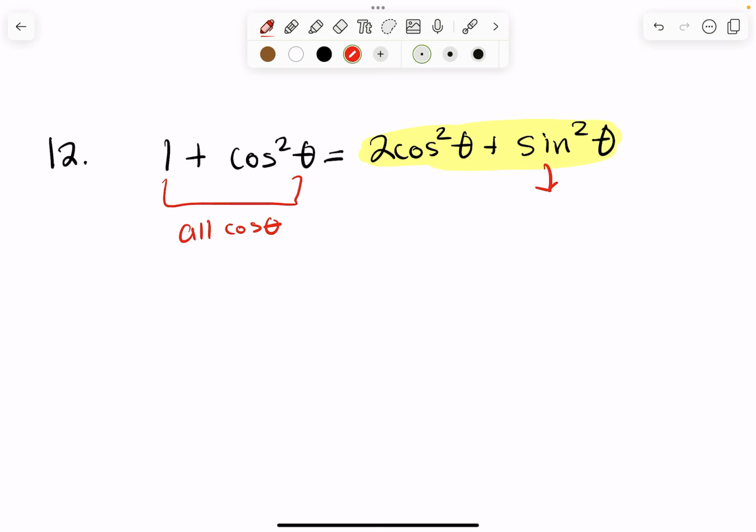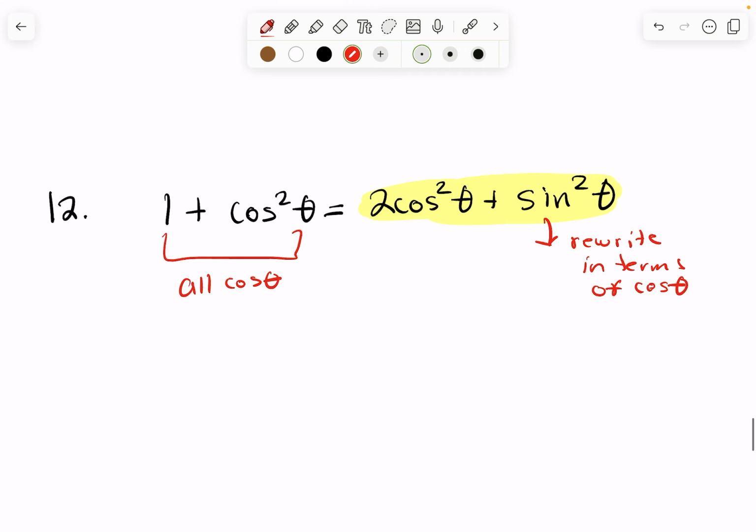So I want to rewrite in terms of cosine. And once again, I know that sine squared plus cosine squared equals 1. So sine squared equals 1 minus cosine squared.